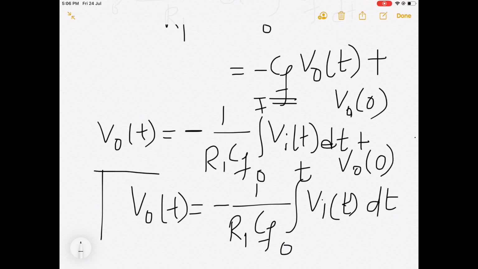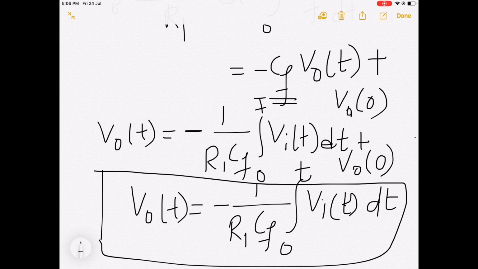So this is the final equation of the integrator. This is the ideal integrator. This equation indicates that the output voltage is directly proportional to the negative integral of the input voltage and inversely proportional to the time constant R1 Cf. This R1 Cf is the time constant.